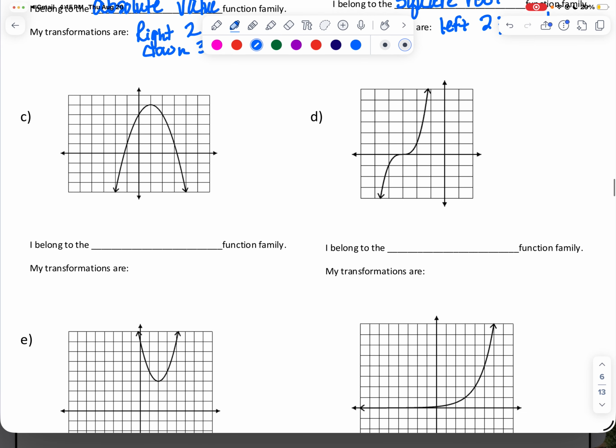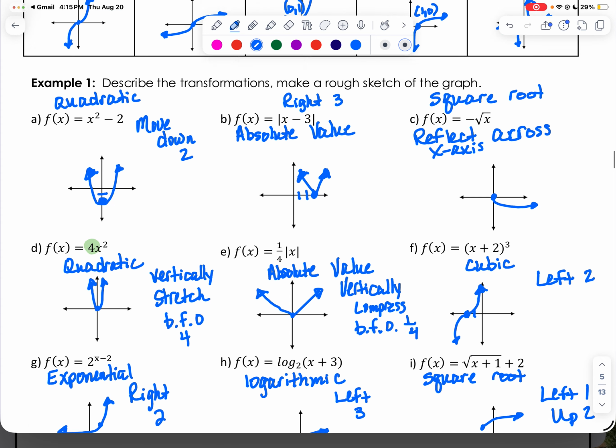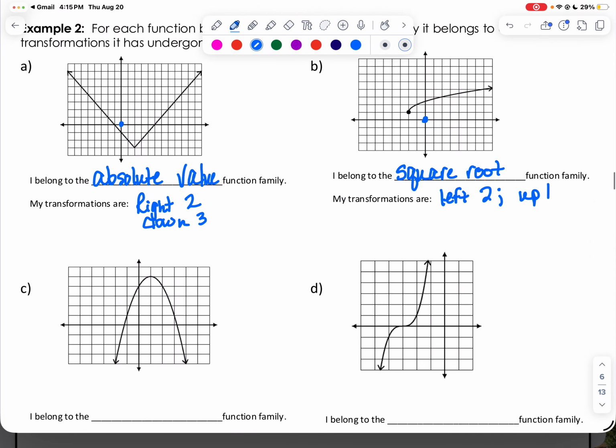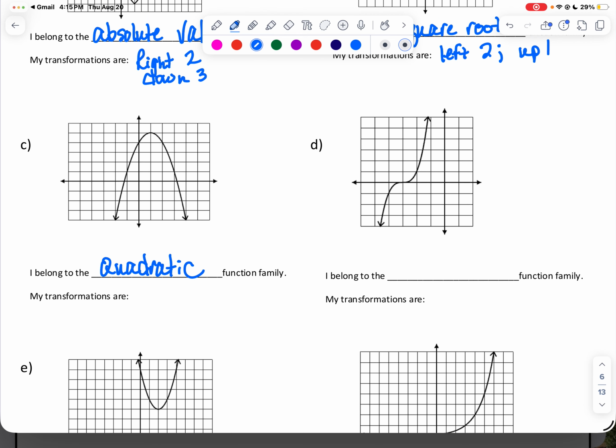All right. Problem C. We have a U-shaped graph. Go back up to your cheat sheet and see if you can figure out which function family this graph belongs to. All right. Hopefully you said that this graph belongs to the quadratic function family. Now, our parent function of the quadratic family has a vertex at 0, 0.